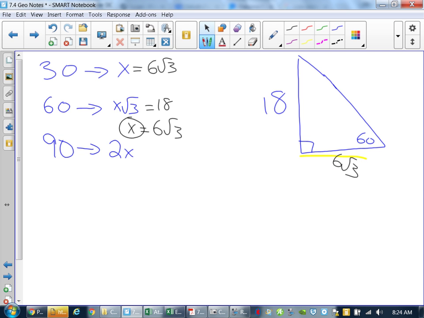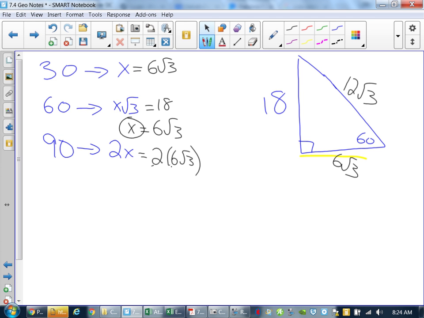And then if I double that, well, what's 2 times 6? 2 times 6 root 3 is 12 root 3. When you multiply radicals together, you're just multiplying the numbers in front.